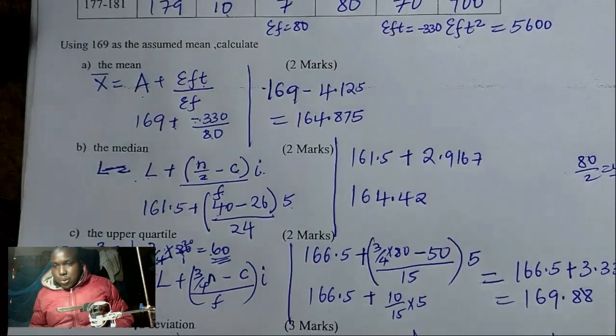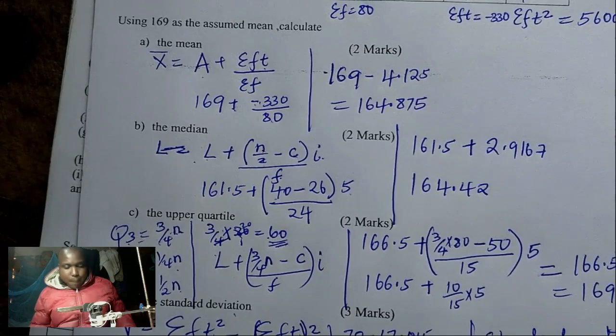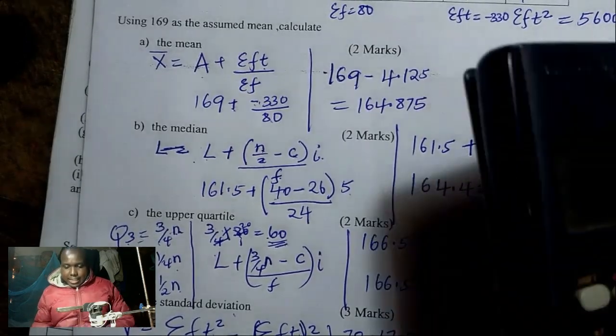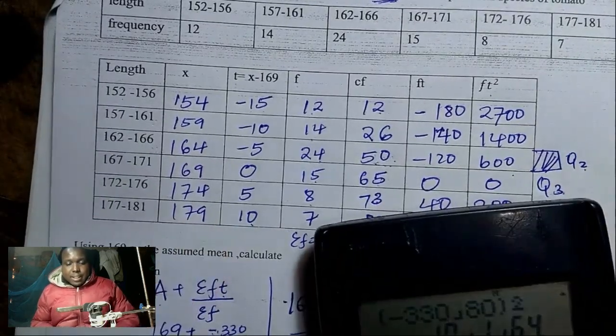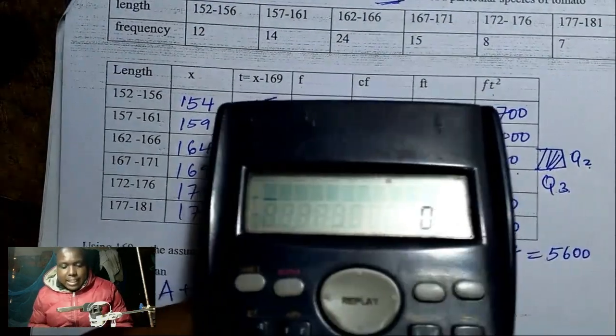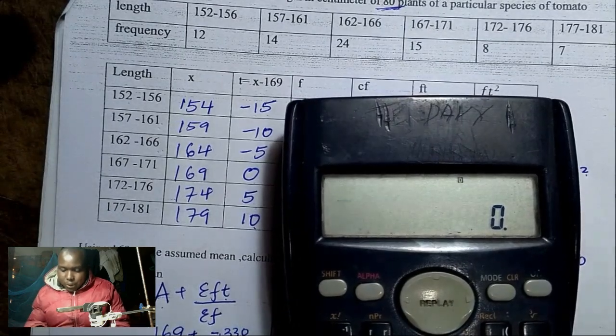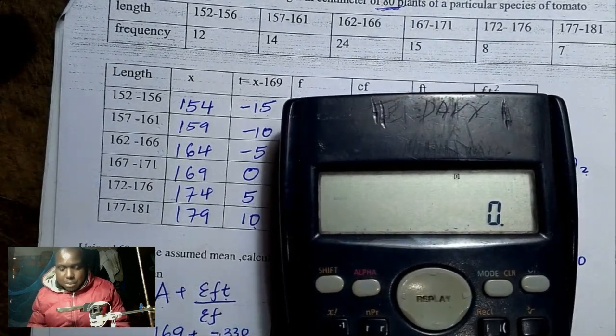Now I want to show you how to use the calculator to get the standard deviation and the mean, to confirm. So this is our calculator and this is our data. In our calculator, make sure your calculator is in the SD mode. How do you put it in SD mode?